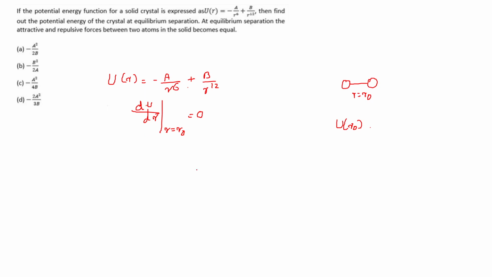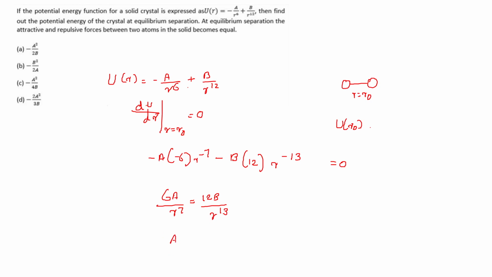What will be the derivative of this? Minus a times minus 6 r to the power minus 7, then minus b into 12, then r to the power minus 13, that is equal to 0. So 6a r to the power minus 7 is equal to 12b r to the power minus 13.